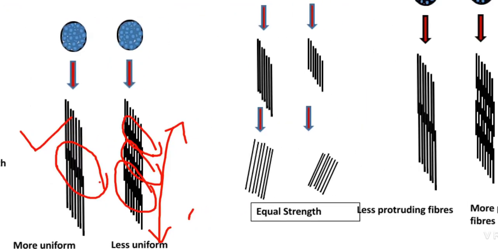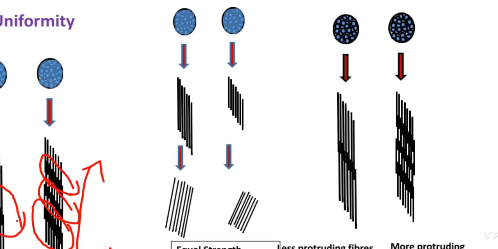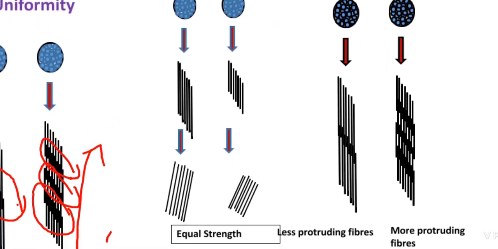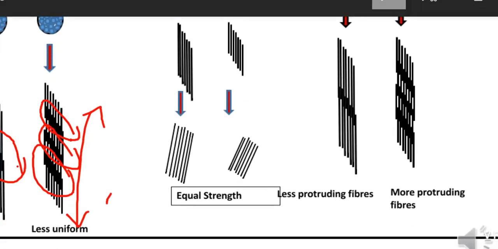Third parameter of yarn is twist. Here, again the same has been shown. We have two different yarns spun, first with longer length fibers, second with short length fibers. Now suppose with this example, we want X gram. Here I have written equal strength. Let us assume that we want X gram strength. Now with this X gram strength, since we have longer length fiber here, you can turn them through a specific angle, that is called twisting.